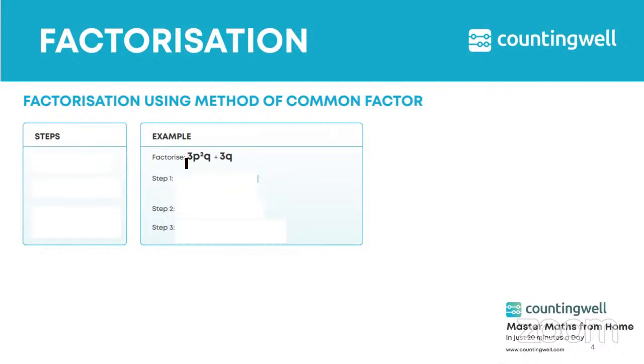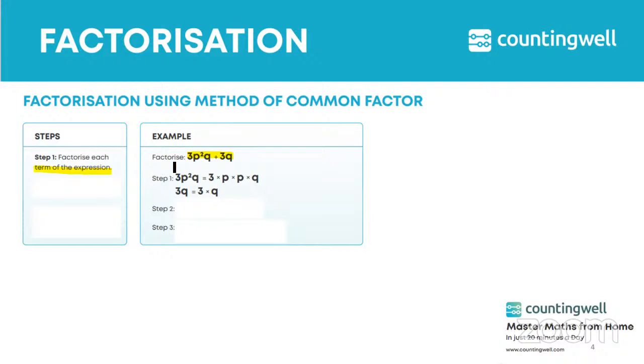Let us factorize 3p square q plus 3q. The first step is to factorize each term of the expression. Here we can see one algebraic expression in terms of two variables p and q, where the constant is 3. Step 1 is to factorize each of the terms.